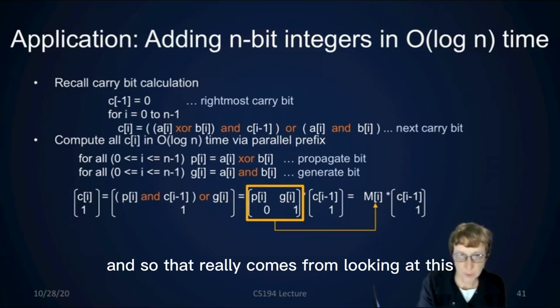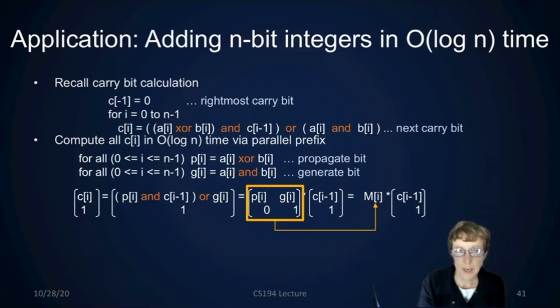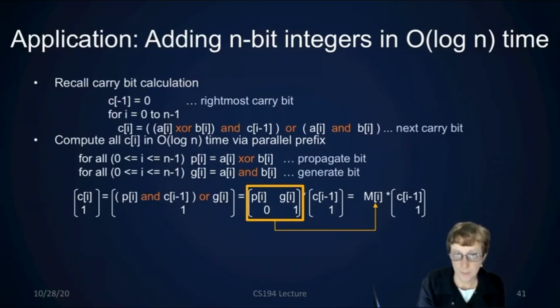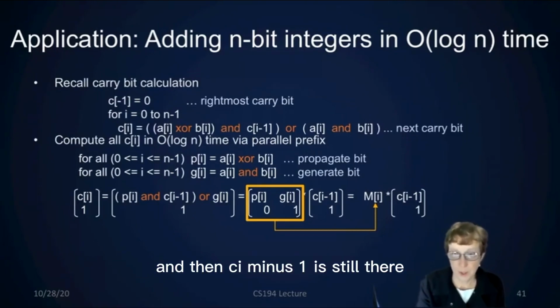That really comes from looking at the formula up here for CI and noticing that there are sub-expressions in there that are implemented by PI and GI. And then CI minus 1 is still there.